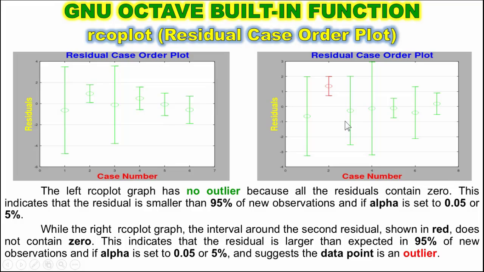While in the right RCO plot graph, the interval around the second residual, shown in red, does not contain 0. This indicates that the residual is larger than expected in 95% of new observations if alpha is set to 0.05 or 5% of error, and it suggests that this data point is an outlier.